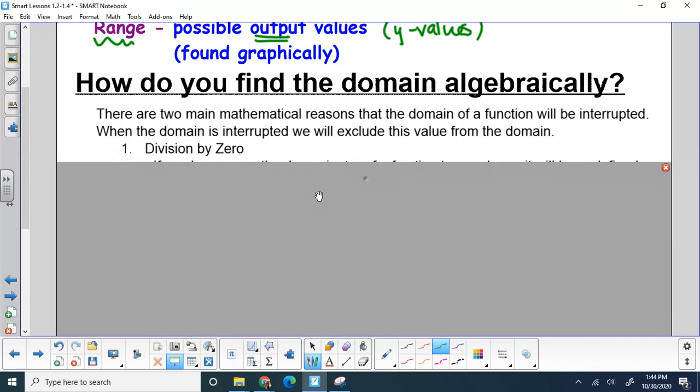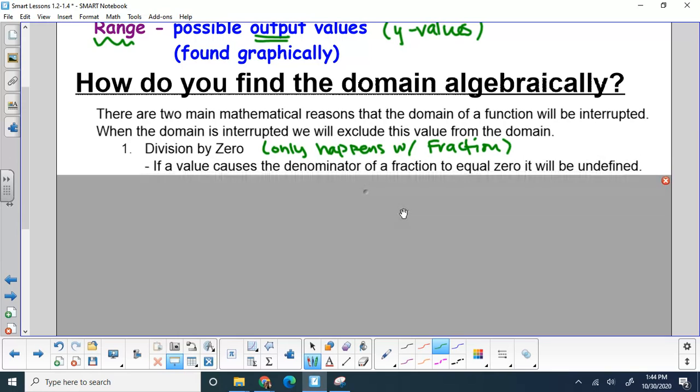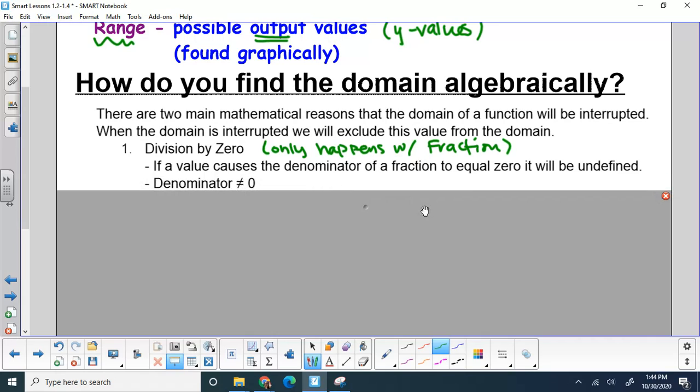The only time this one is going to come into play is if you are given a fraction. So if you have a fraction, you will want to take a look at this one. Basically how we do this is we say, if a value causes the denominator of the fraction to equal 0, it is considered to be undefined.